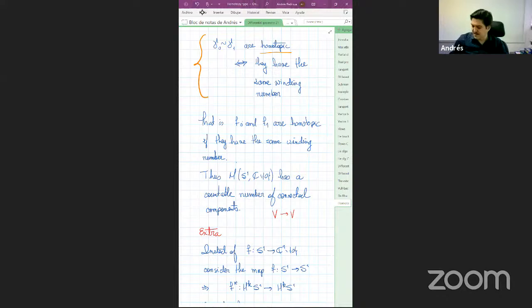So if this is R, and let's assume my generator is the vector 1, then any linear map is a scalar times the vector. That is the set of linear maps from R to R.